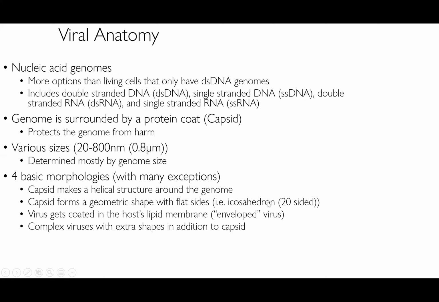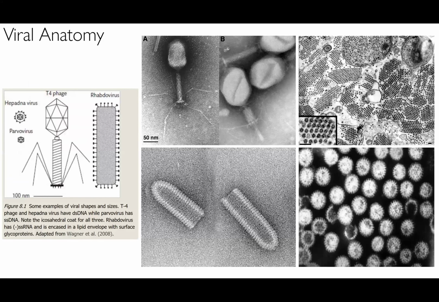The most common one we see is the icosahedron, which is a 20-sided shape of protein. Next, a virus can get coated in the host lipid membrane. These are what we call enveloped viruses. And finally, complex viruses have extra shapes in addition to the capsid. Just to show you some of the shapes we commonly see, this is a T4 bacteriophage. This is the most common shape for phages, viruses that infect bacteria.